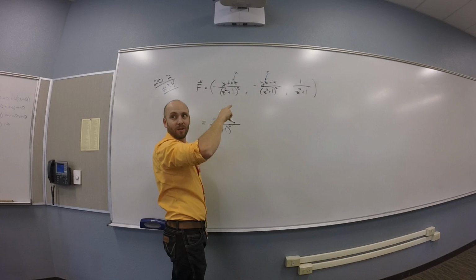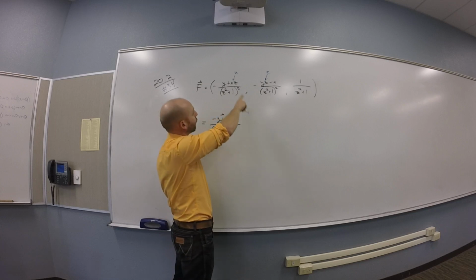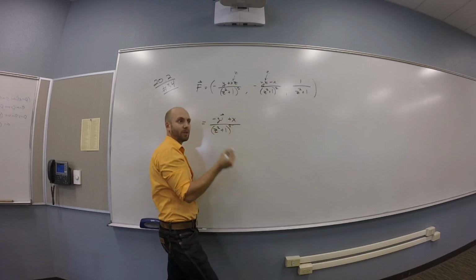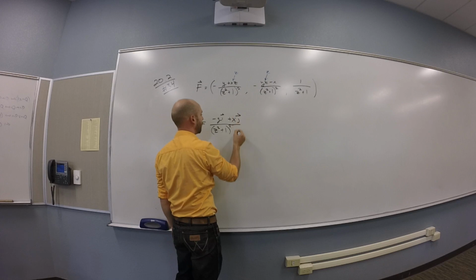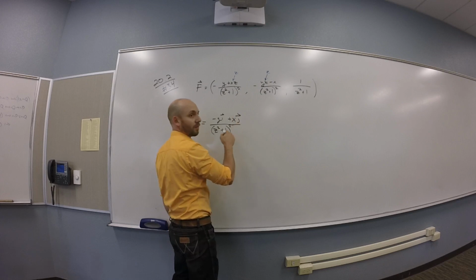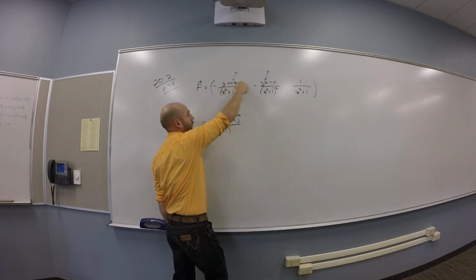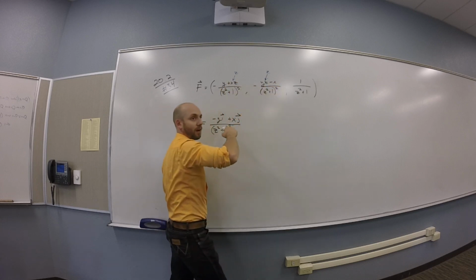The minus x, which is going to be a plus x. And which vector component did that come from? j. That came out of the j's. You all see that? So that's this first y and that second x pulled out.